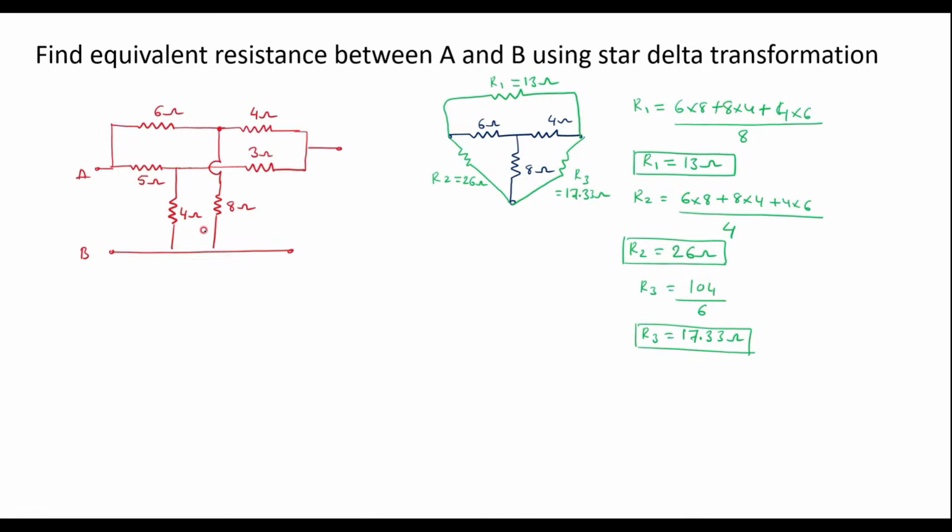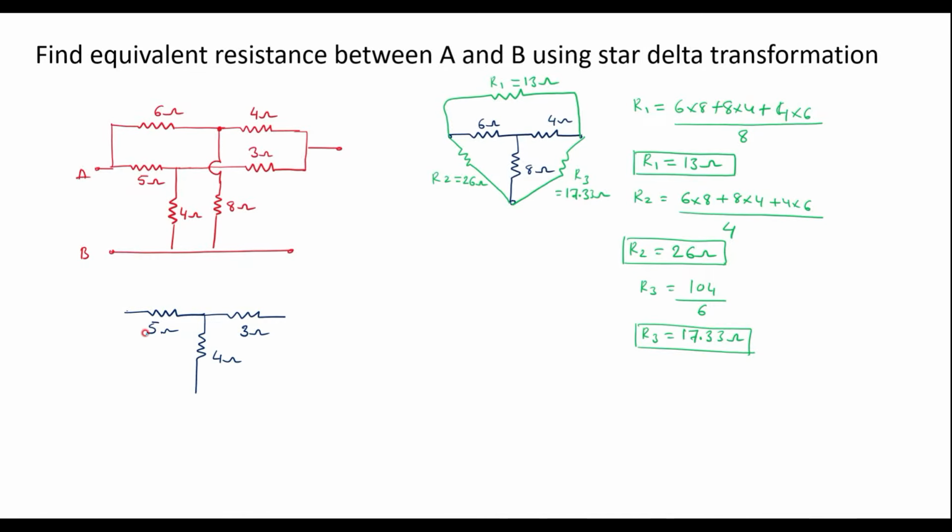Now I will try to convert this 5 ohm, 4 ohm and 3 ohm star into delta. This is 5 ohm, this is 3 ohm and let this be 4 ohm.